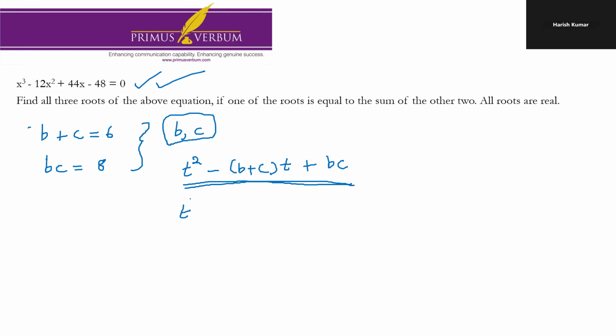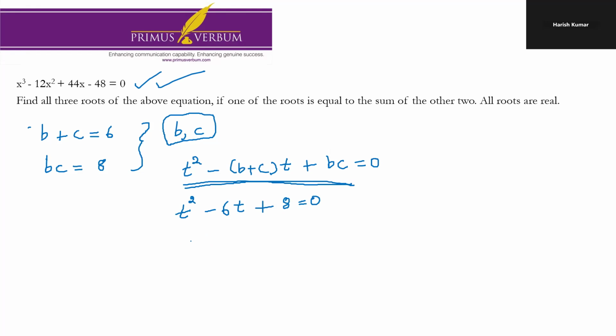So I can now rewrite this quadratic equation as t square minus 6t plus 8 equal to 0. Okay. Now, once I do this, I can solve for the value of t.